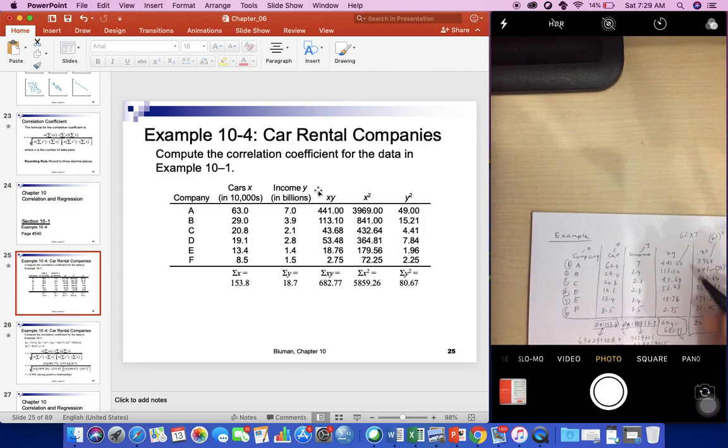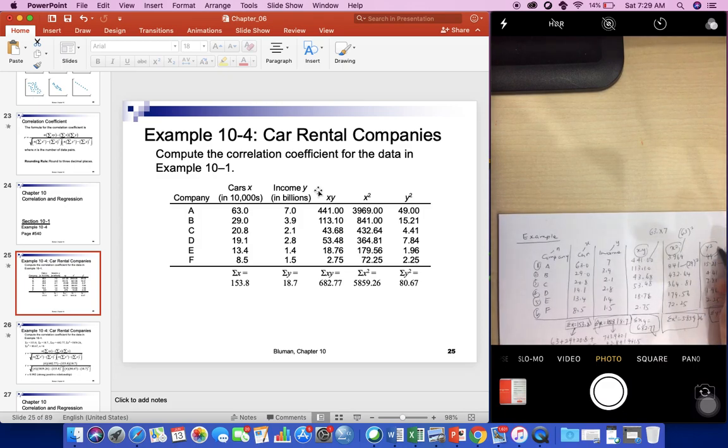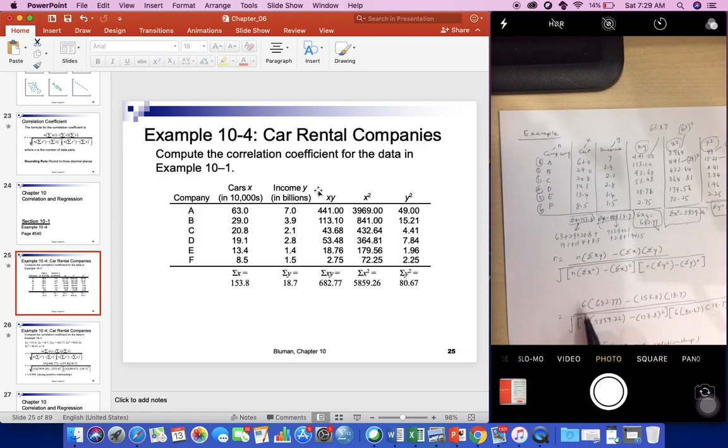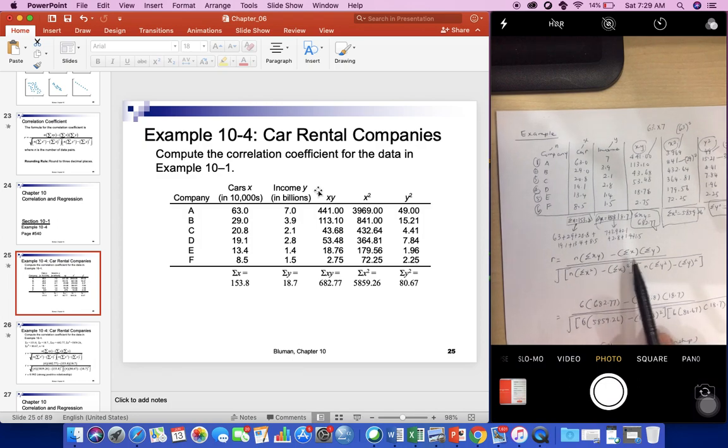Once you have everything, you can see from here that n is 6, so insert 6 here. Which one is the summation of xy? This one, 682.77. The summation of x is here, 153.8.